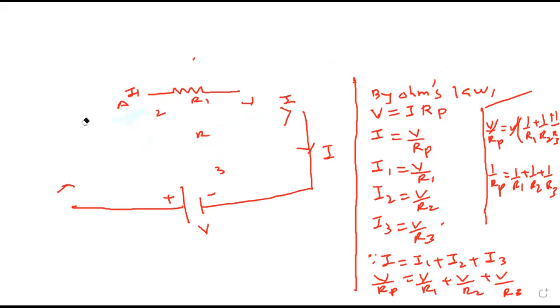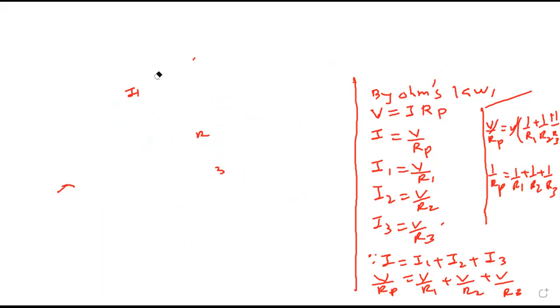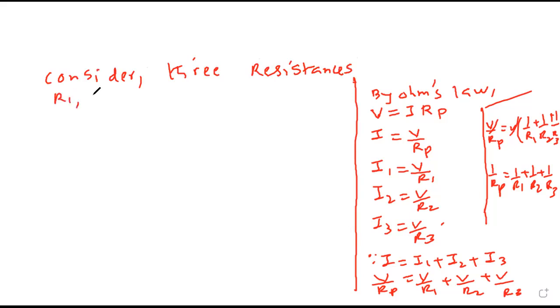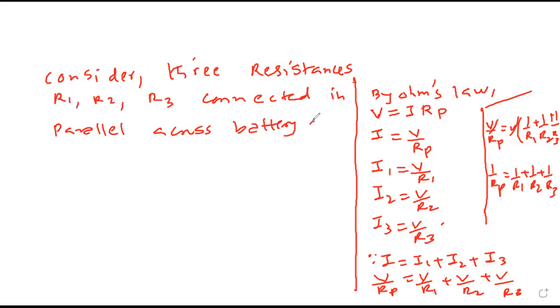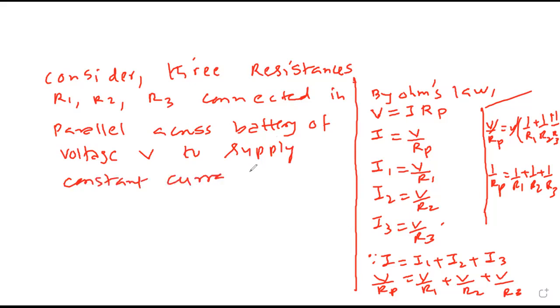Consider 3 resistors R1, R2, R3 connected in parallel across battery of voltage V to supply constant current I.